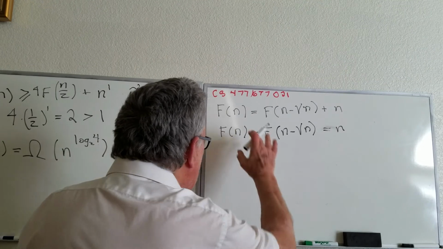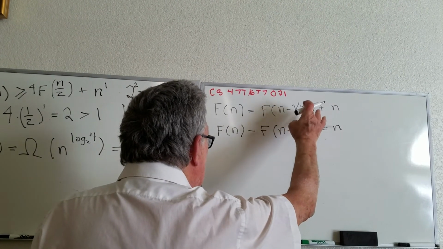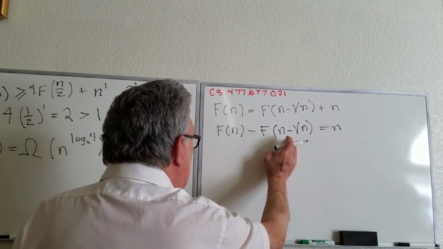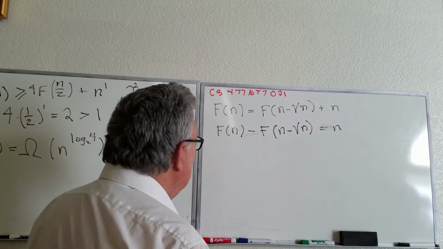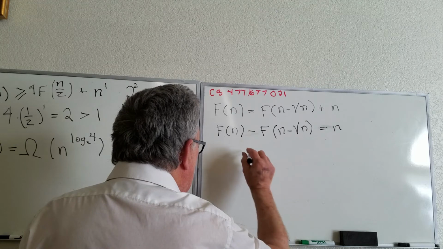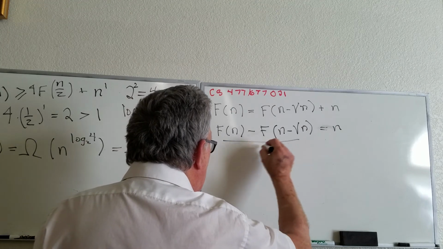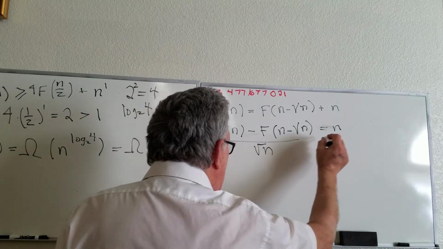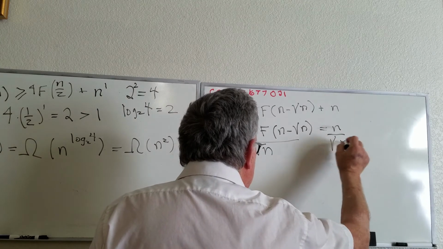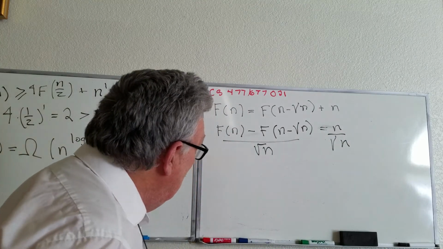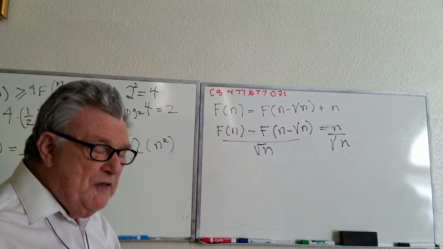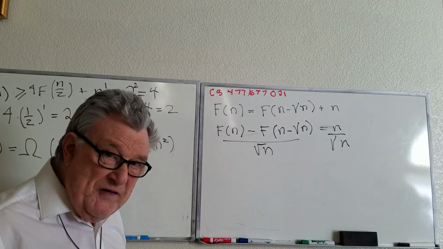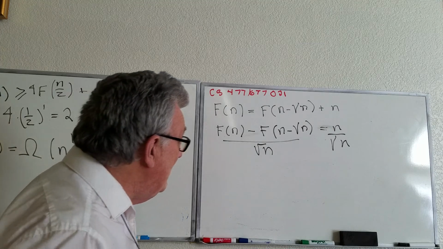Let's go to the next problem, which is this one here. Now, here I have f of n is f of n minus square root of n. Now, square root of n is a lot smaller than n, and so this is like an antiderivative. We move it over to the other side, and then we divide both sides by the square root of n. Now this is in the form of f prime, because square root of n is close enough to 0 to make that approximately f prime of n.